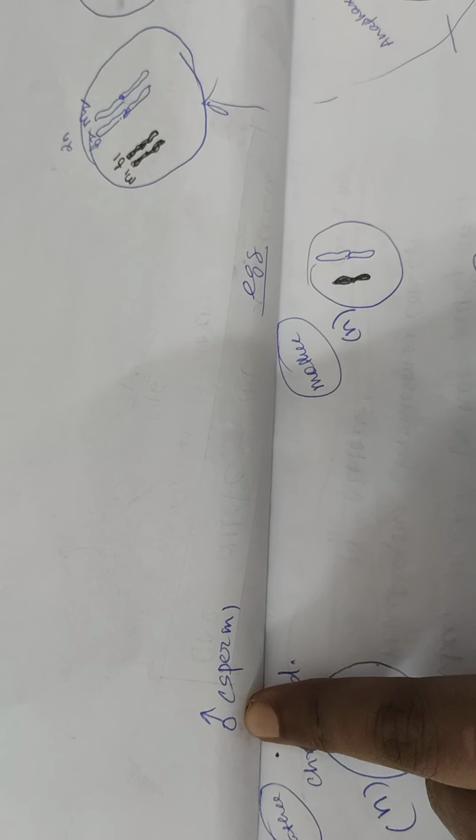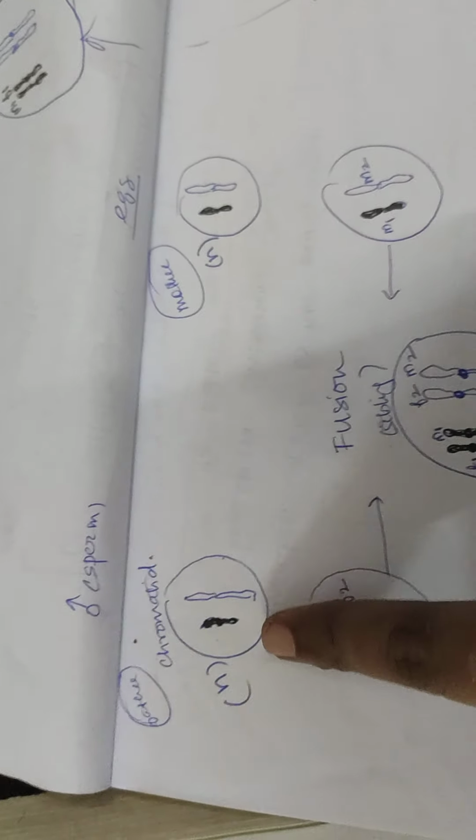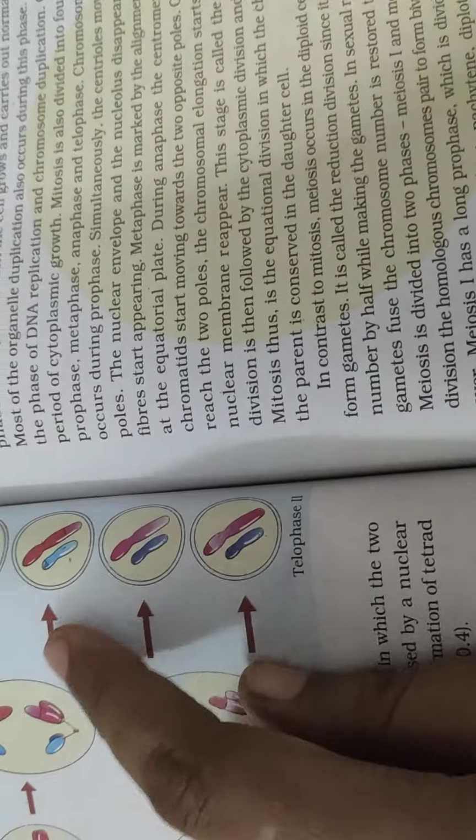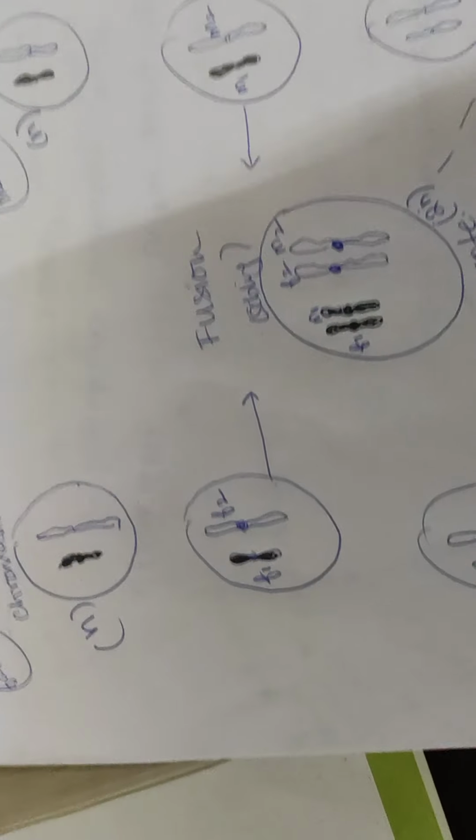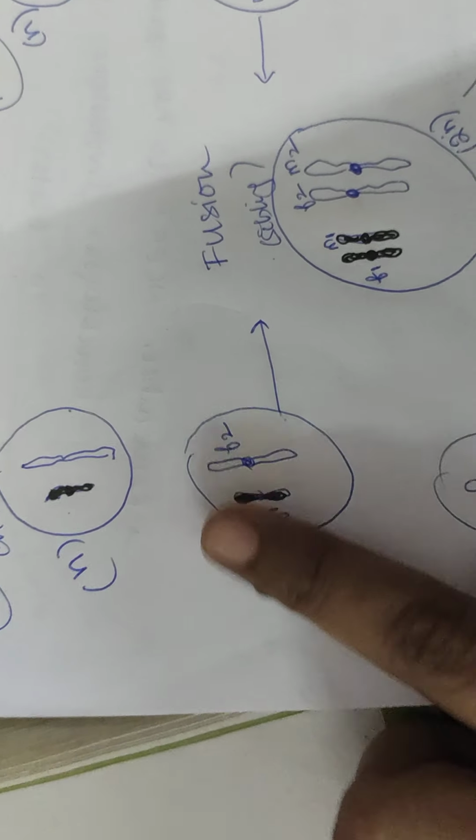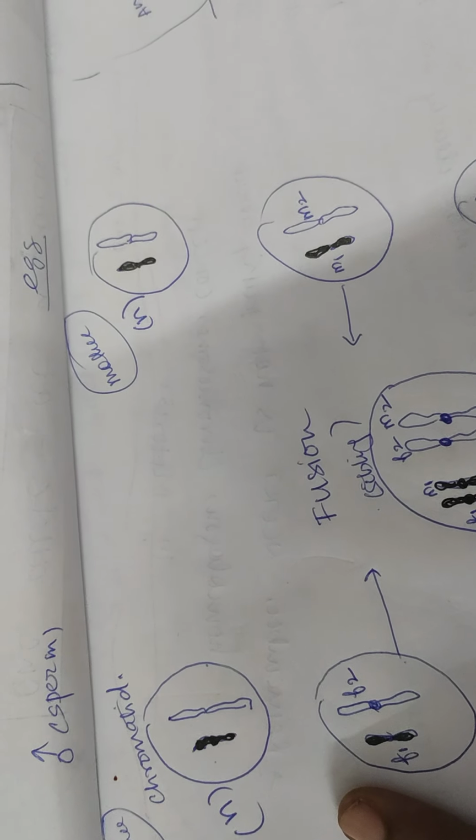Now see what we have done. See, this is from the sperm, this is from the egg, you think. Same thing we have drawn. Here it is blue and red. Here it is black and plain. Say this is from the father and this is from the mother.